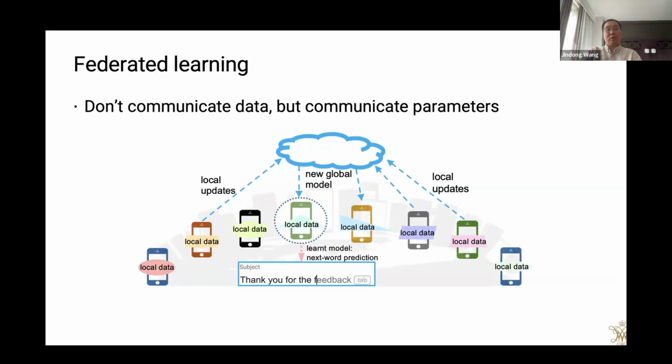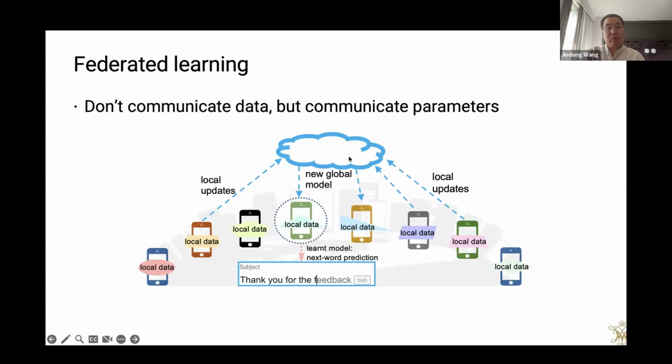If I give you the weights of ResNet or GPT, it means nothing to an ordinary person. It carries some meaning, but not enough to identify sensitive information. So we exchange the model weights, parameters, or even gradients to the cloud.